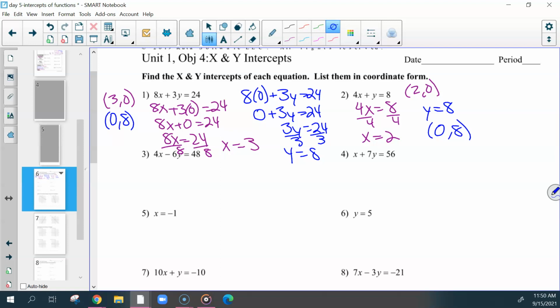Let's try one more of these together and then I'll let you practice the other. For number 3, if I'm solving for x, put 0 in for y, that would become 4x equals 48. What is my x-intercept?